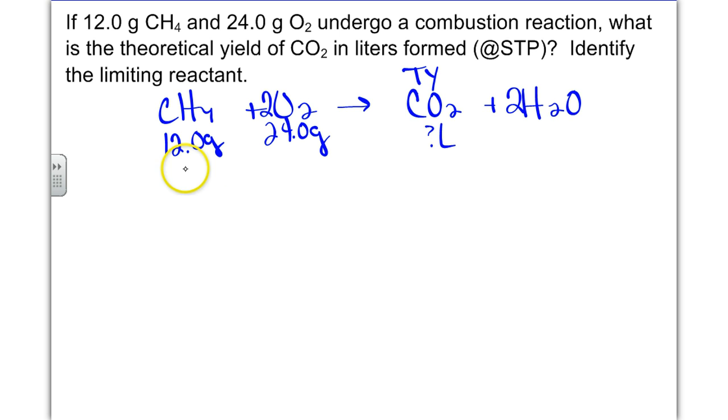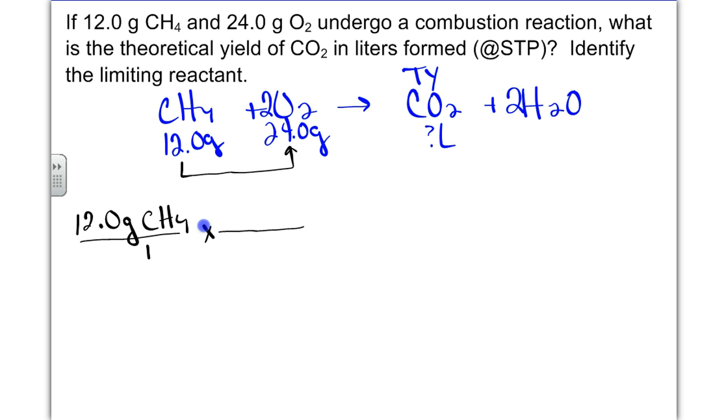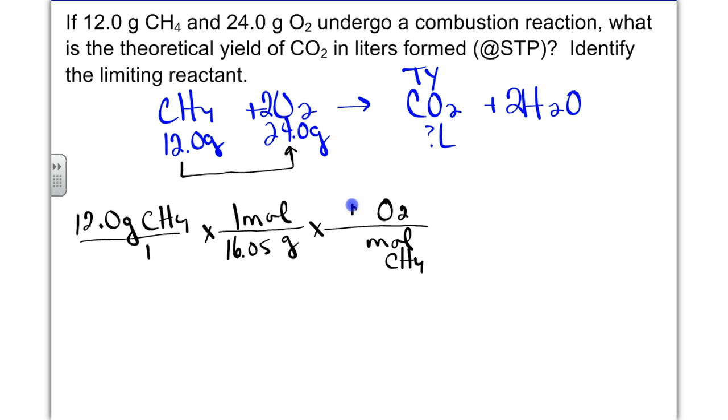So first, we're going to stoich from the methane to the oxygen. So I'll have 12.0 grams of methane over 1. Bring down the grams of methane. We're going to go to a mole of methane, and that's going to be 16.05. Bring down mole. And here's where we will stoich from methane to oxygen.